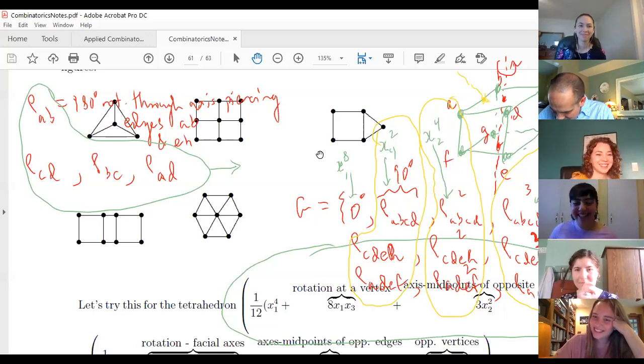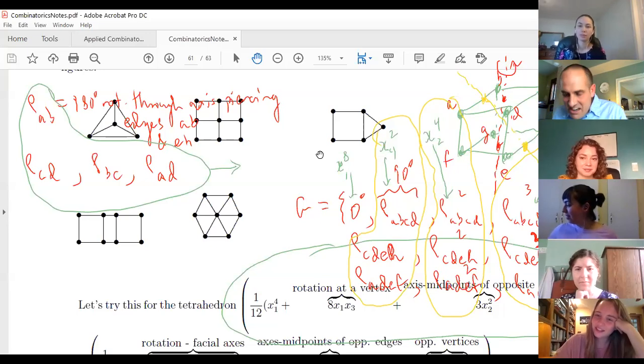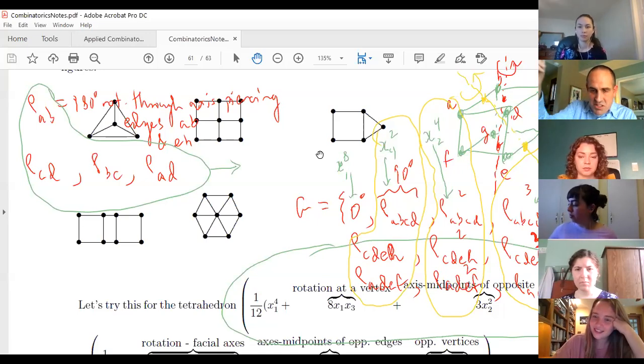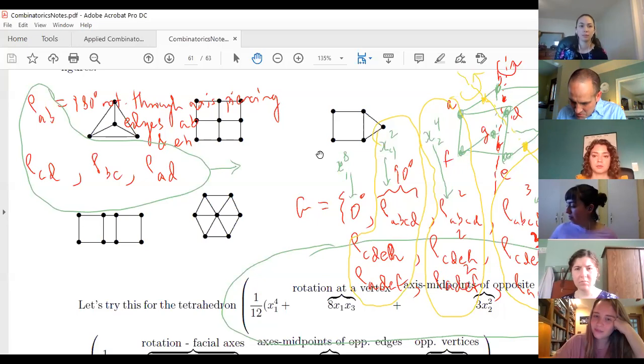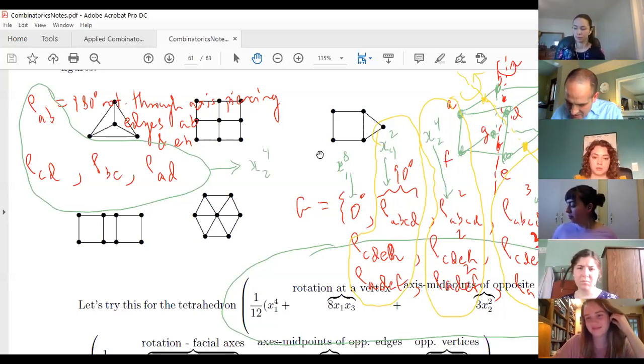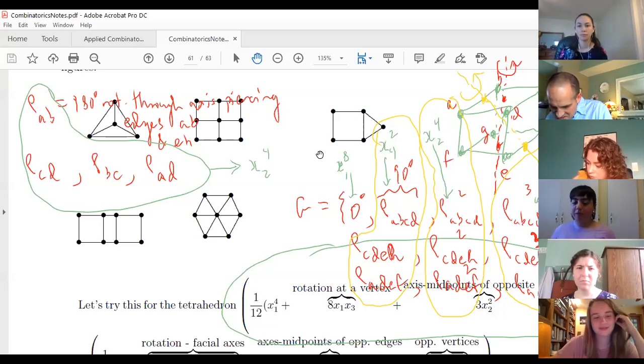If I rotate around that thing, I don't think anything stays in the same place. So it's going to be a bunch of 2 cycles, right? How many 2 cycles are there going to be? There'll be 4. Okay. So we have all those.